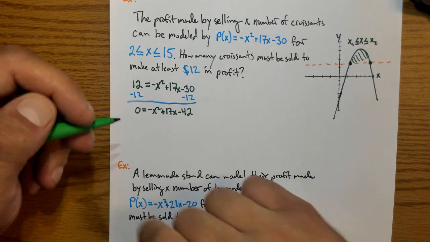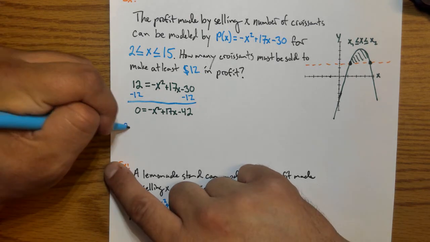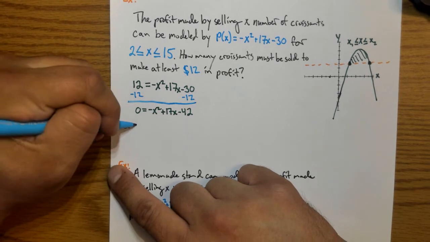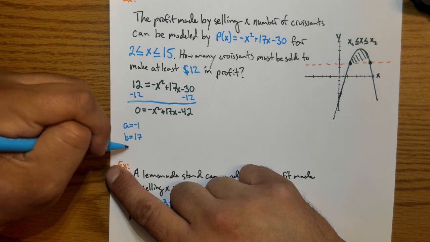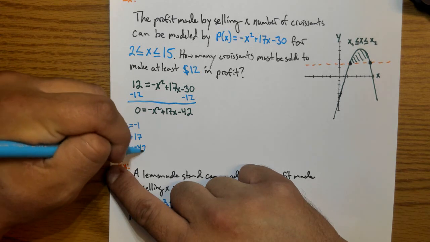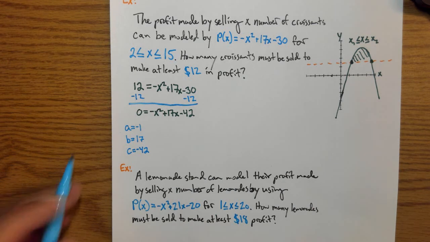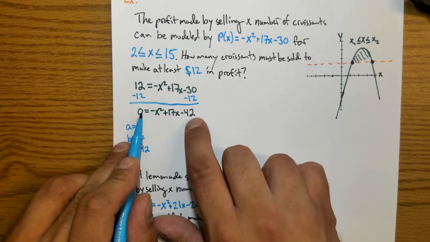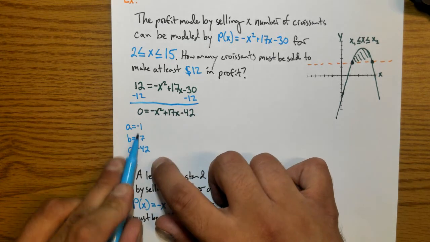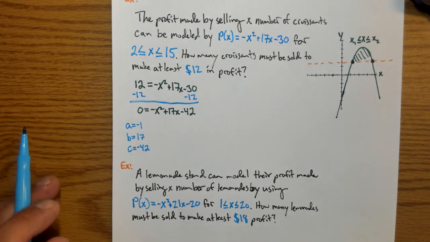This is what we're going to use to define our a, b, and c. So a is equal to negative 1, b is equal to 17, and c is equal to negative 42. Now this is what we're going to plug into the quadratic formula. So again, we set our function equal to the value, and then we moved everything over to one side, and then these are the numbers we're setting up. And we're going to want to do that with all of these word problems.